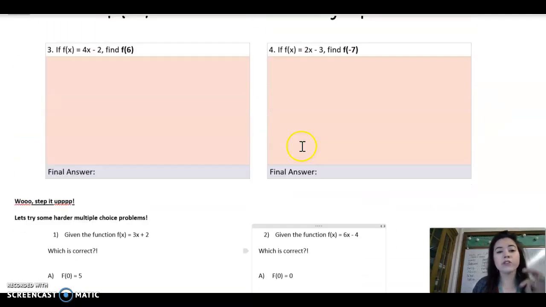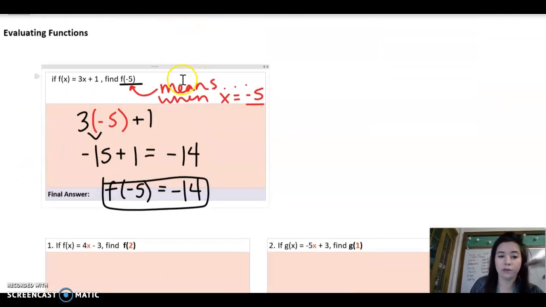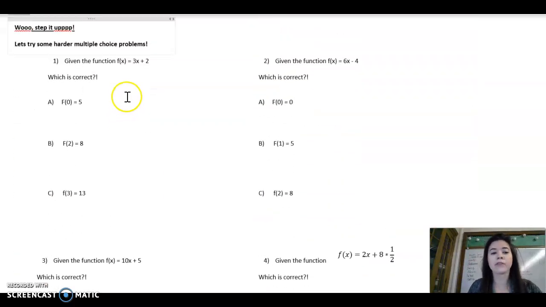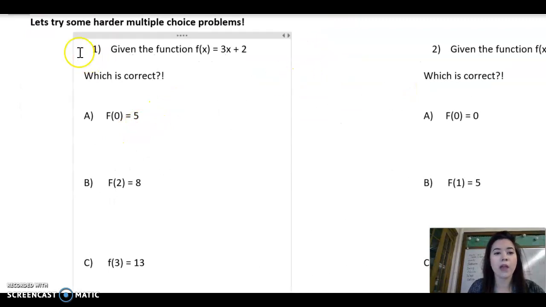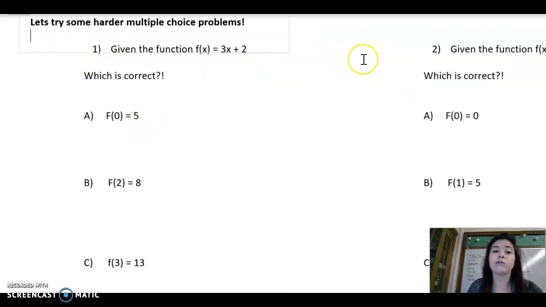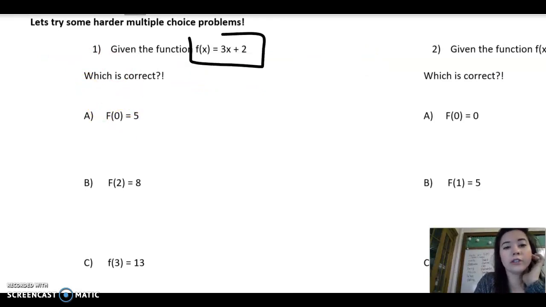Okay, so now that we've talked about what it means to evaluate a function, again, we're just plugging in whatever number it tells us and figuring out what it equals. Let's ramp it up a little bit and look at this higher leverage problem. We have given this function, 3x plus 2, what is correct? So here's my function. That's my equation I'm using.